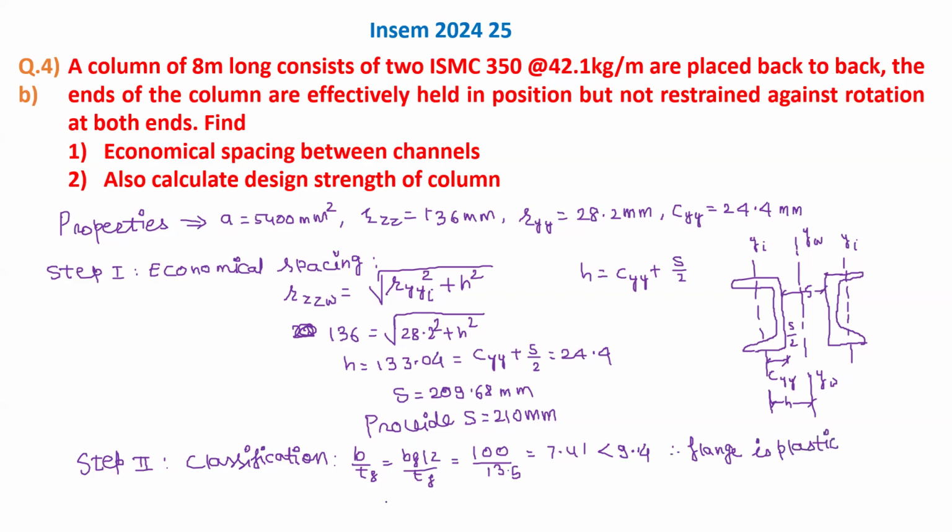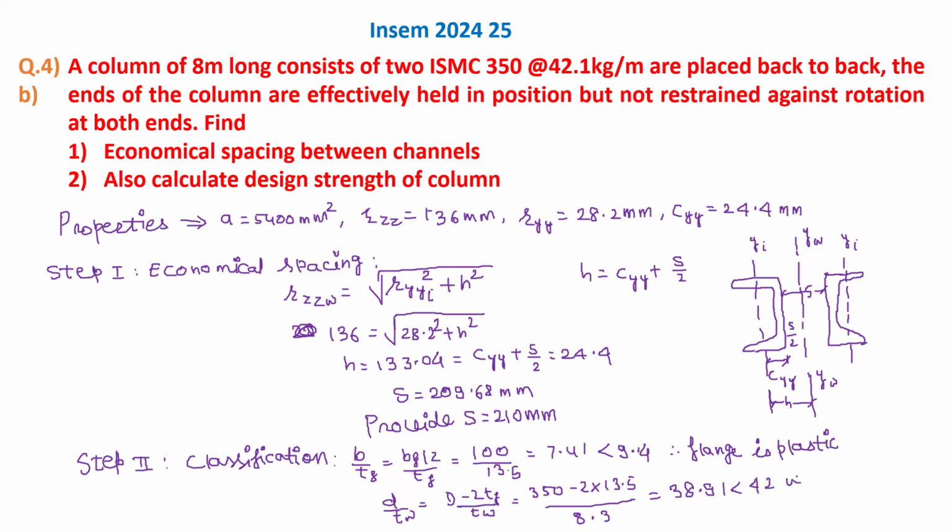Now, second, we have D by TW. So this is capital D minus 2TF upon TW, equal to 350 minus 2 into 13.5 divided by 8.3, which is equal to 38.91, less than 42.